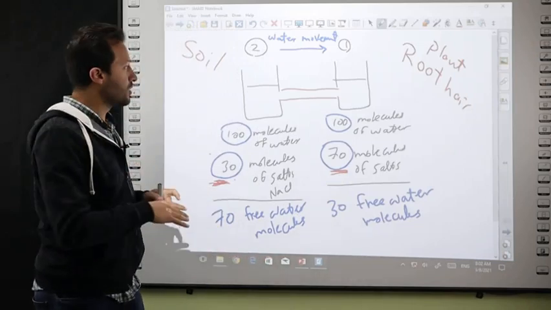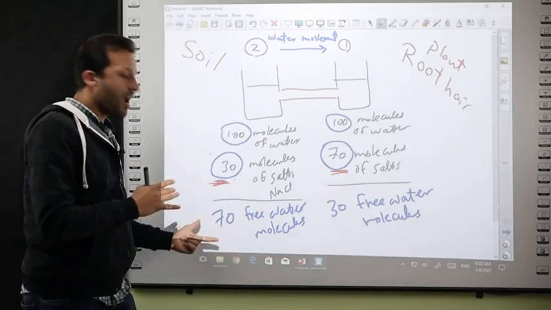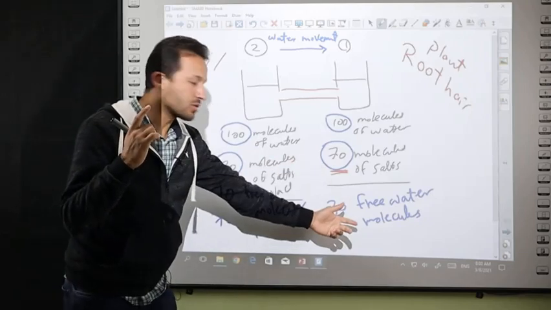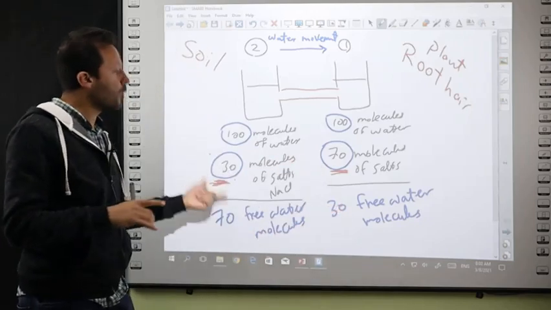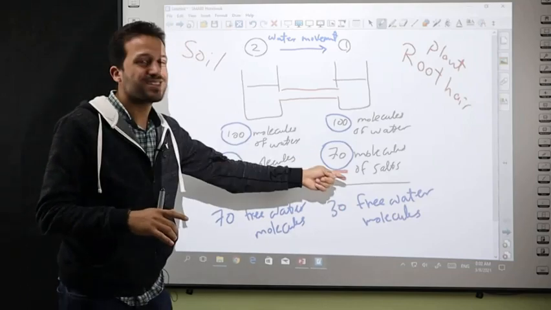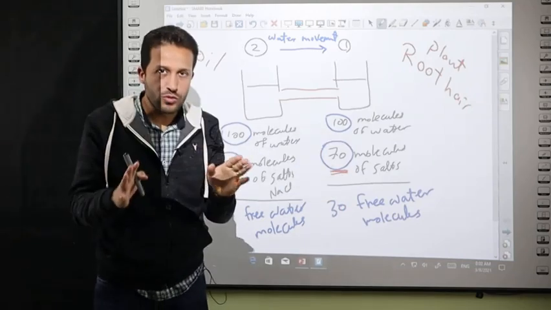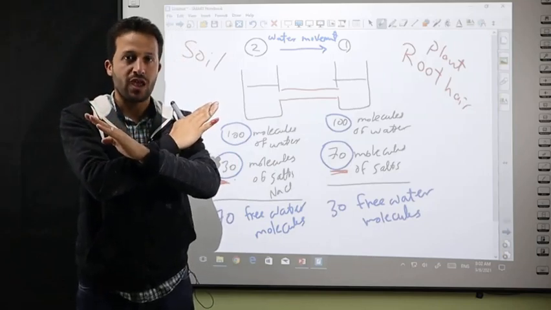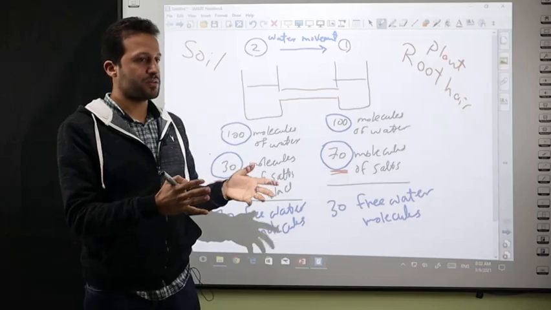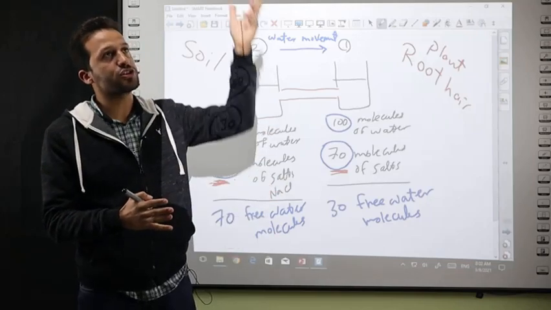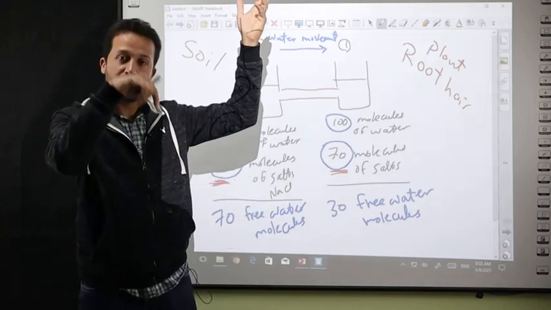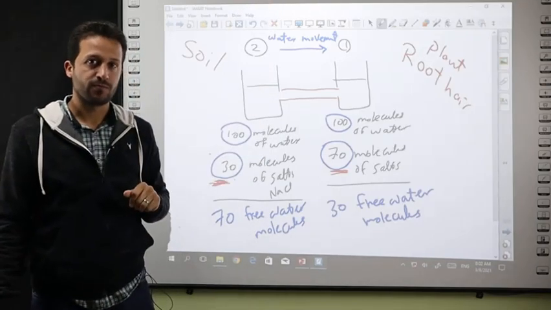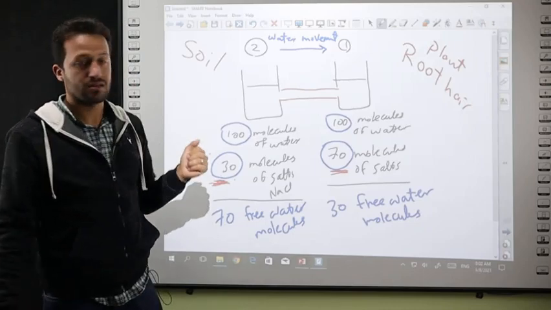So the water will move from the higher water concentration to the lower water concentration, or from the lower salt concentration to the higher salt concentration. So water concentration is always opposite to salt concentration. When I say this medium has a high concentration of salts, this means it has a low concentration of water, and vice versa. I hope you understand this point.